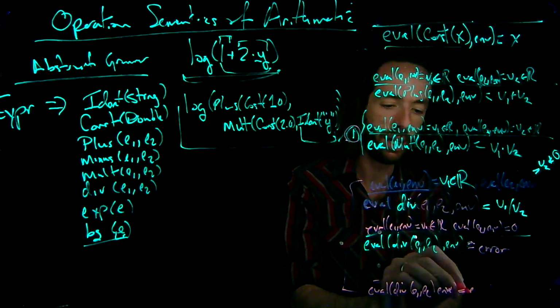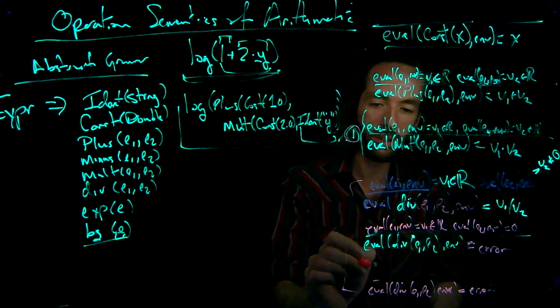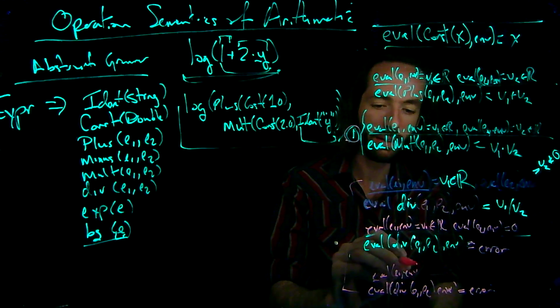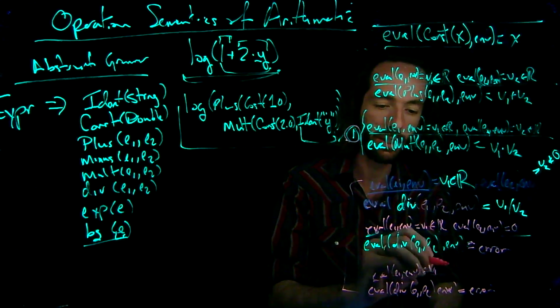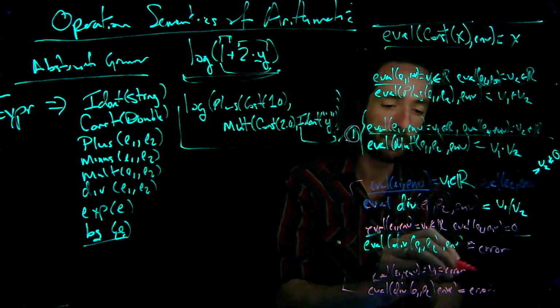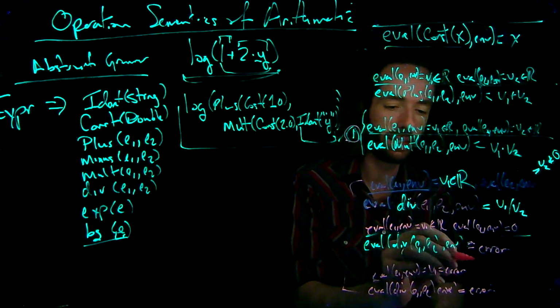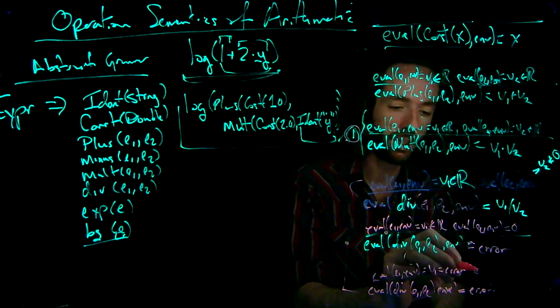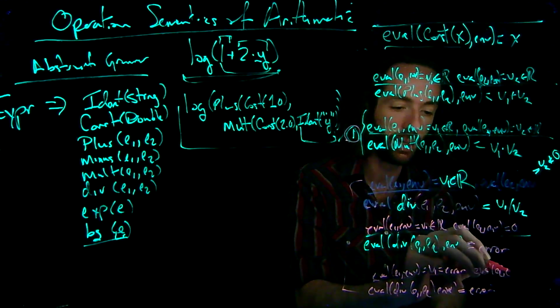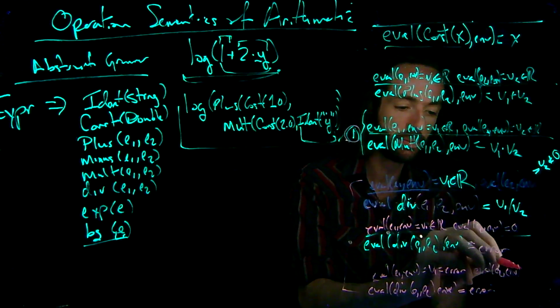When else can this be an error? Well, if we resolve e1 to, let's call it v1, which actually turns out to be an error, then if the left-hand side is an error, we'll return an error. And to avoid the short circuiting, we'll make sure to evaluate e2 as well.